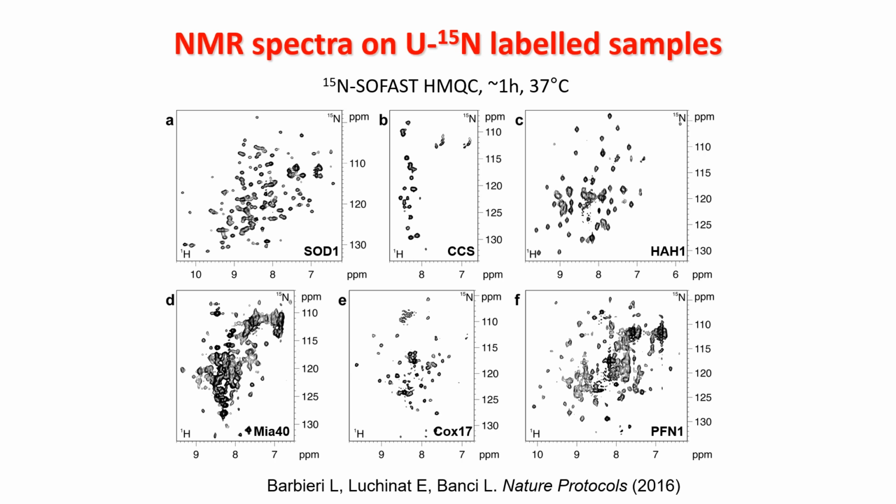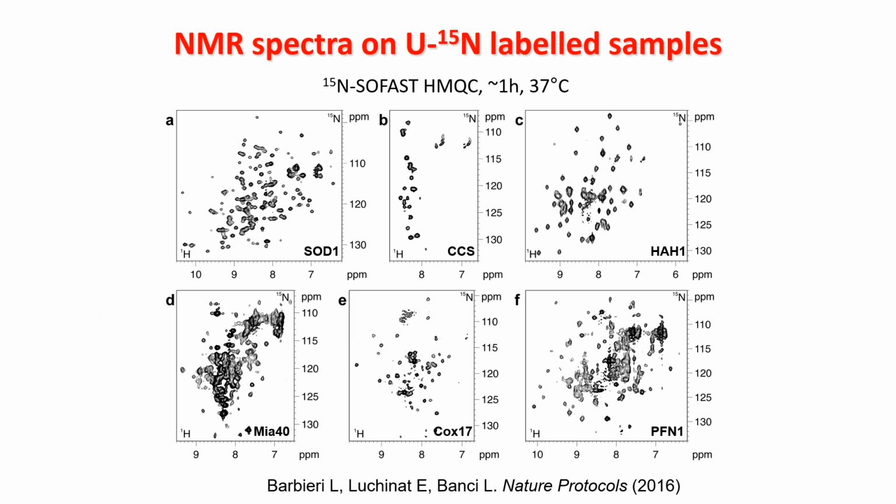Now these are a few examples of what kind of spectra you would expect to obtain from different proteins. Keep in mind that these are all unfolded proteins. However, some of these, like CCS or Maya40 here, contain some loops or tails which are not structured, and you can tell from the intensity of these signals and from the fact that they are all collapsed around 8.3 ppm in the proton dimension.